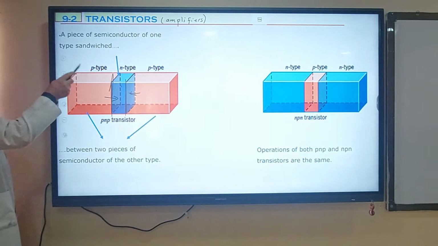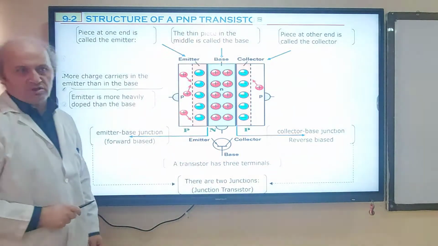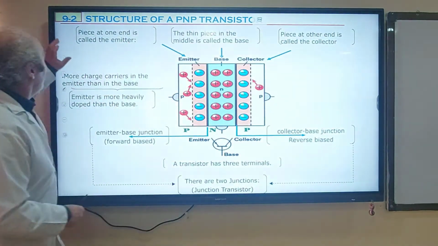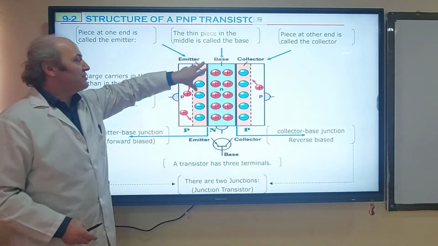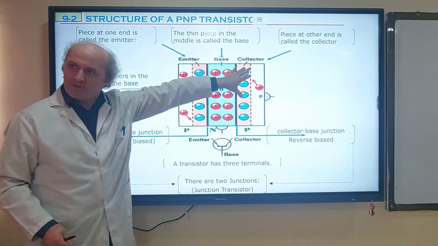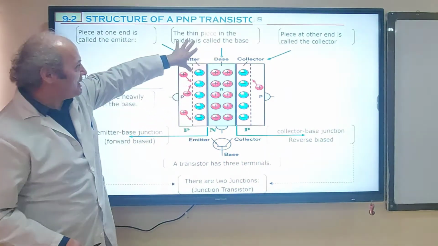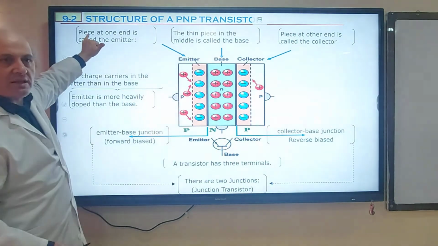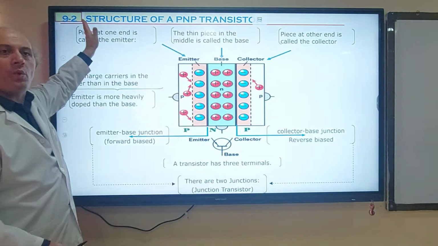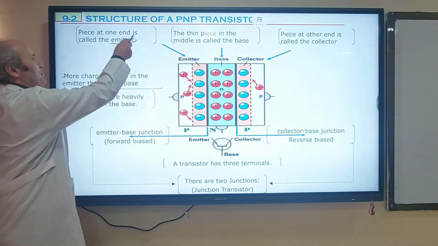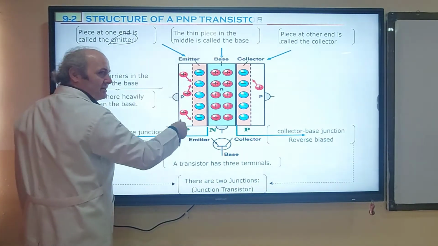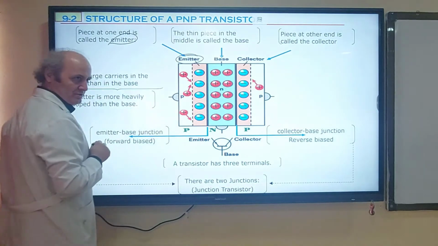Let's continue studying the structure of a transistor. There are three semiconductors here. One of them is, as you see, put on the left. The piece of semiconductor on the left, on one end, is named the emitter. Yani, this P-type is called the emitter.